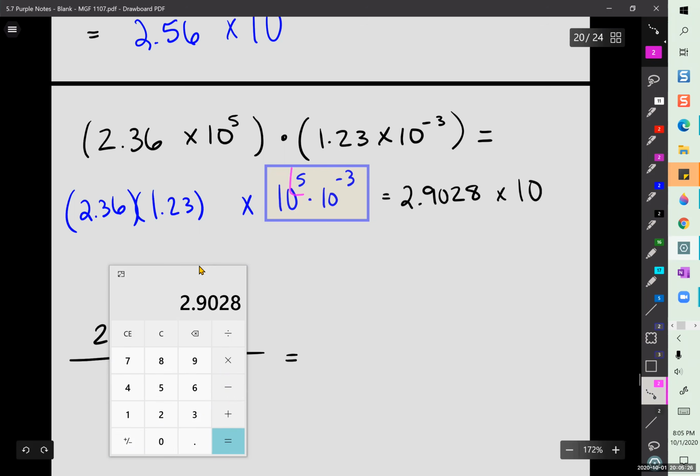So in this case, we would add the exponents. So 5 plus negative 3 would be positive 2. So that would be our final answer. So remember, multiply like things, and then use our exponent rules to simplify this to a single exponent.